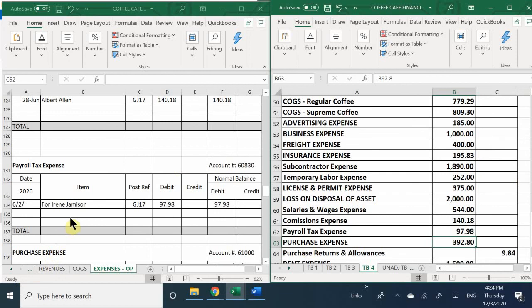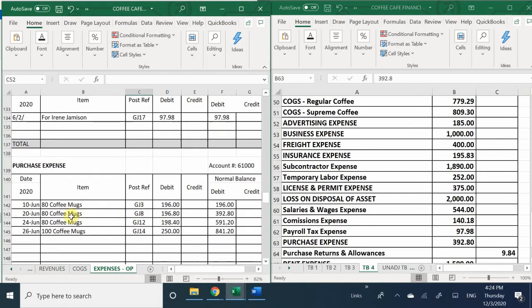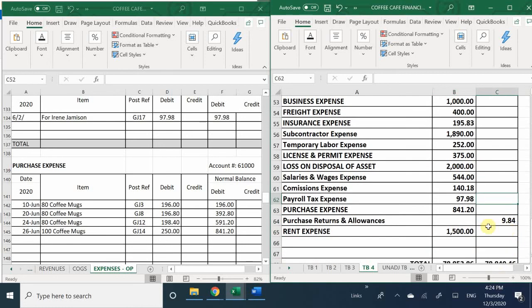All right. Did our purchase expense change? Yes, it did. To how much? 841.20. All right.